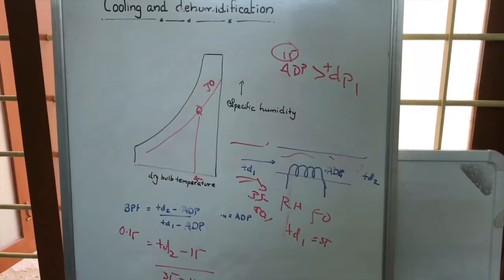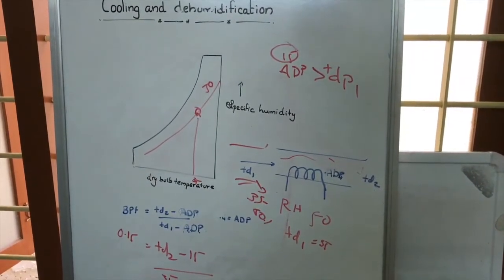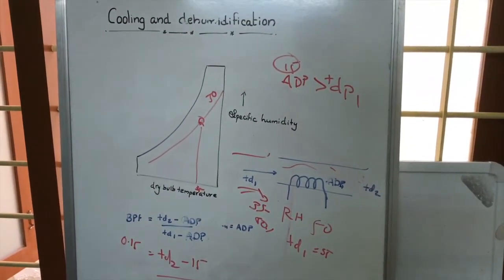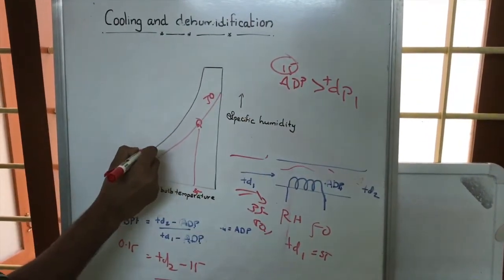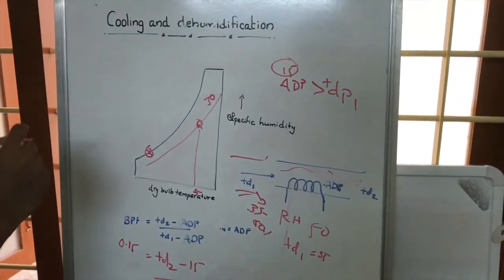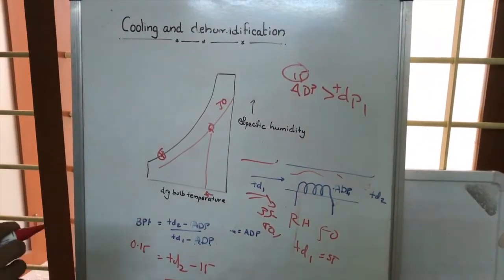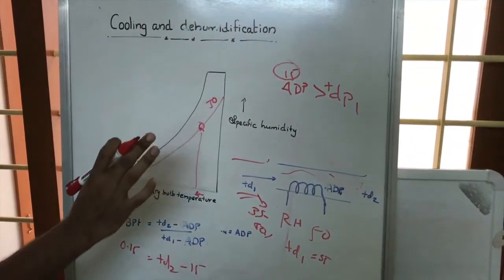Next we should plot TD2. The ADP is given in the question, so that ADP should be marked here, and TD2 will definitely be in between these two points.